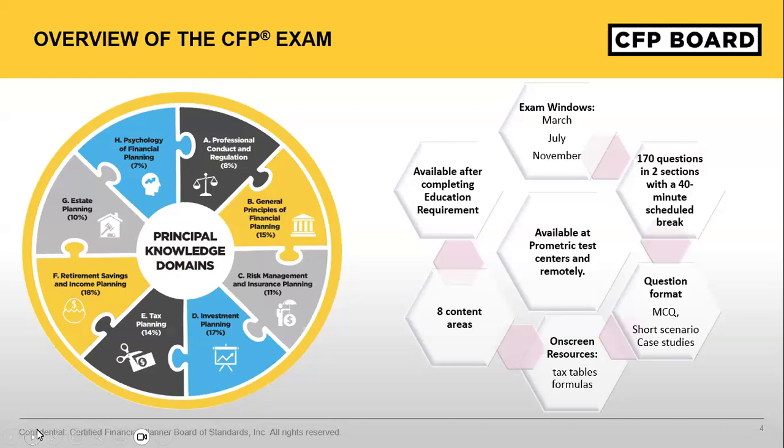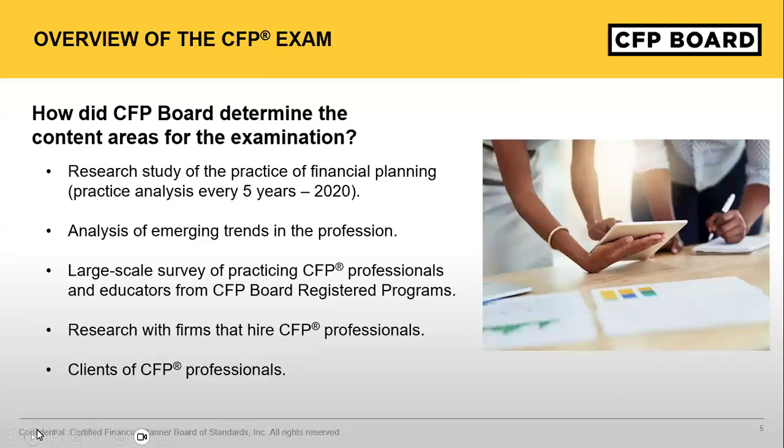Now, I want to tell you a little bit about how CFP Board actually determines those content areas. I just told you what the content areas are, but I'm taking a few steps back to tell you how it was determined that those are the content areas necessary for the CFP exam. Every 5 years, CFP Board conducts a research study called a practice analysis.